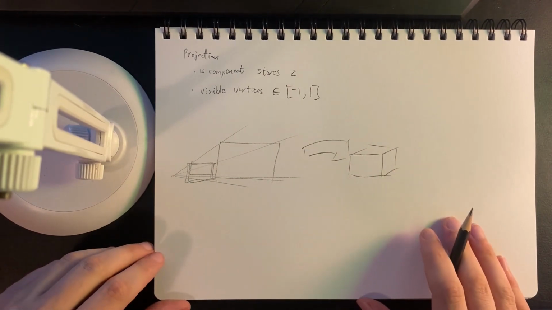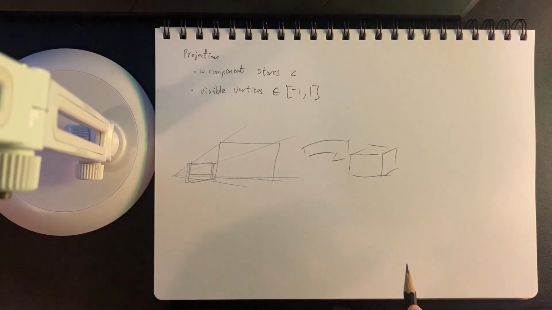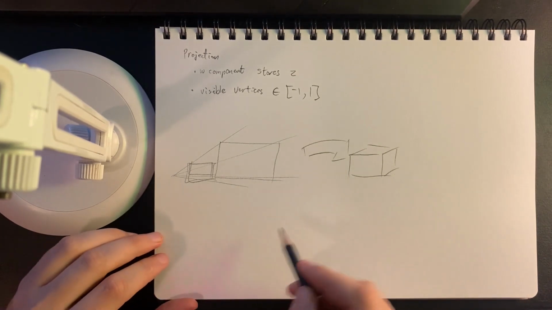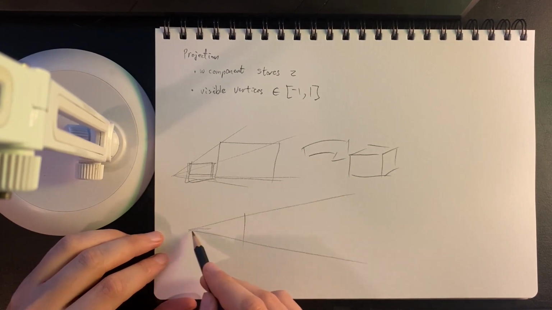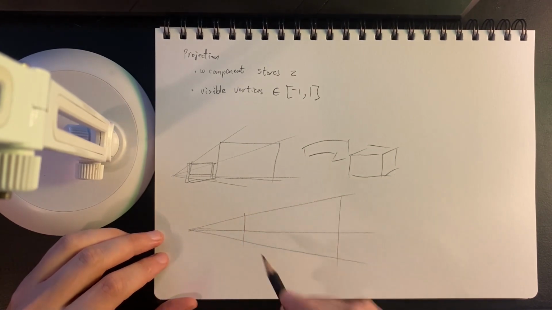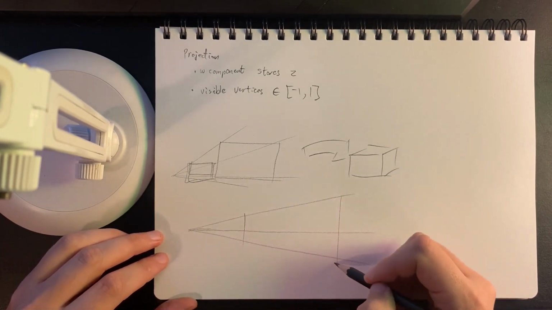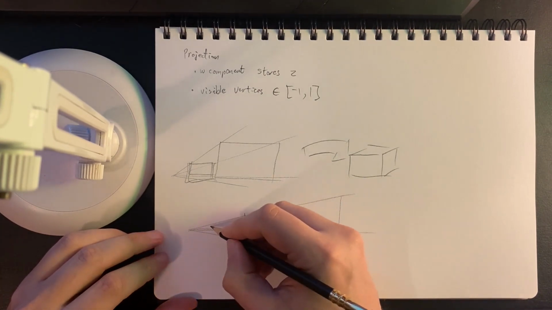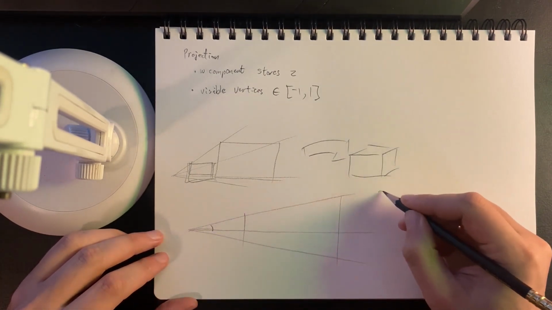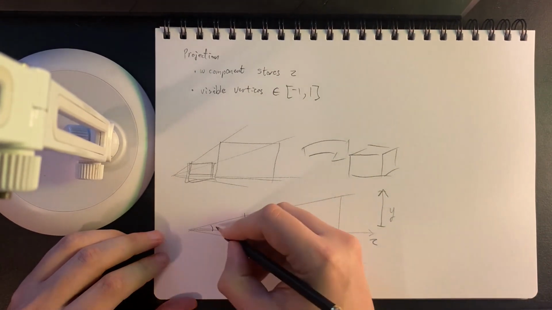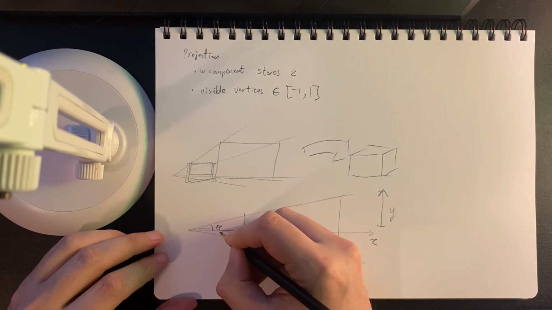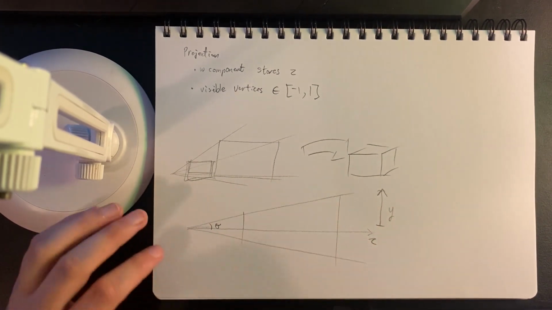Okay. So I'm just going to deal with a little bit. If we look at this side on, imagine this is our eye level going horizontally. This is our near distance, and this is our far distance. Now, here we have the y-axis, here we have the z-axis. Okay, so we have some sort of angle which describes our field of view.